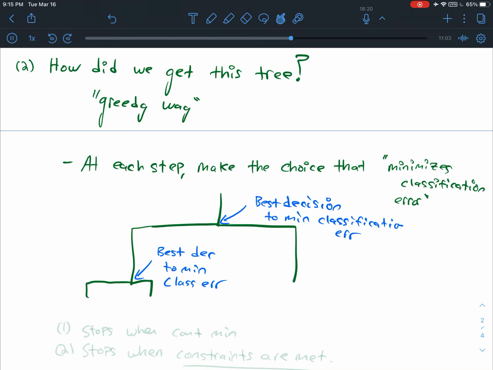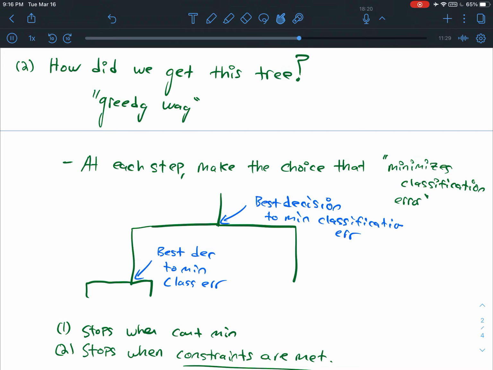So in some sense, it stops for one of two reasons. It stops when it can't minimize, or more likely, it stops when constraints are met. And this is going to be a loose term in how exactly we're going to get this to work.